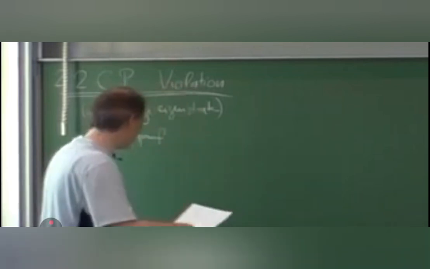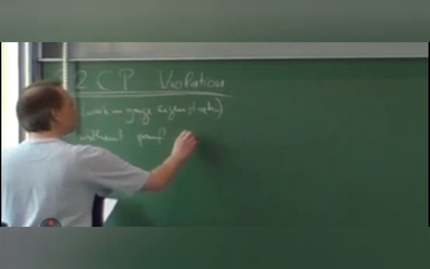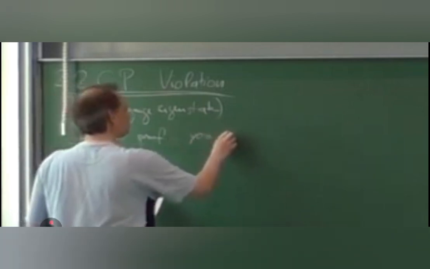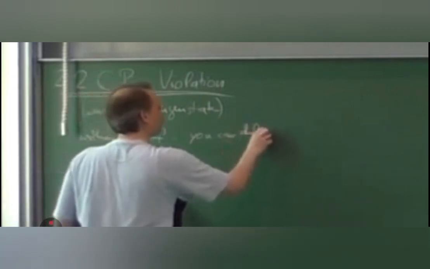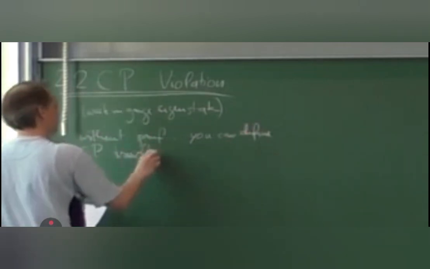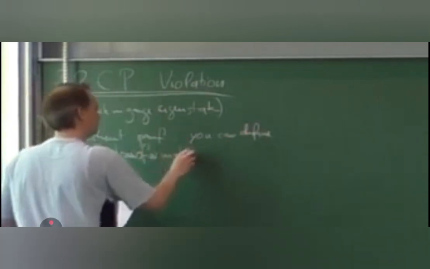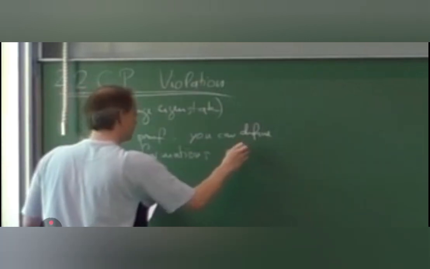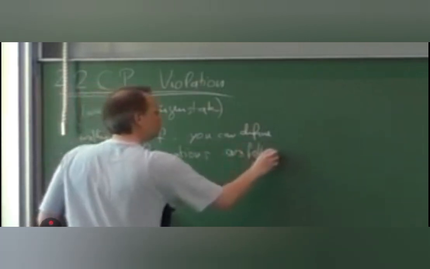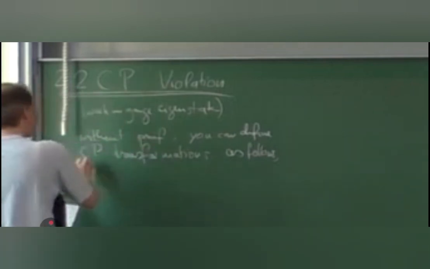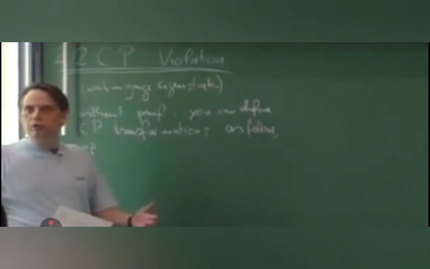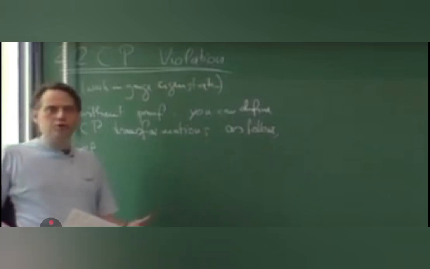And precisely speaking, you can define CP transformations in the following way. And the definition has an ambiguity, because in principle the creation and annihilation operators are not unambiguously defined.